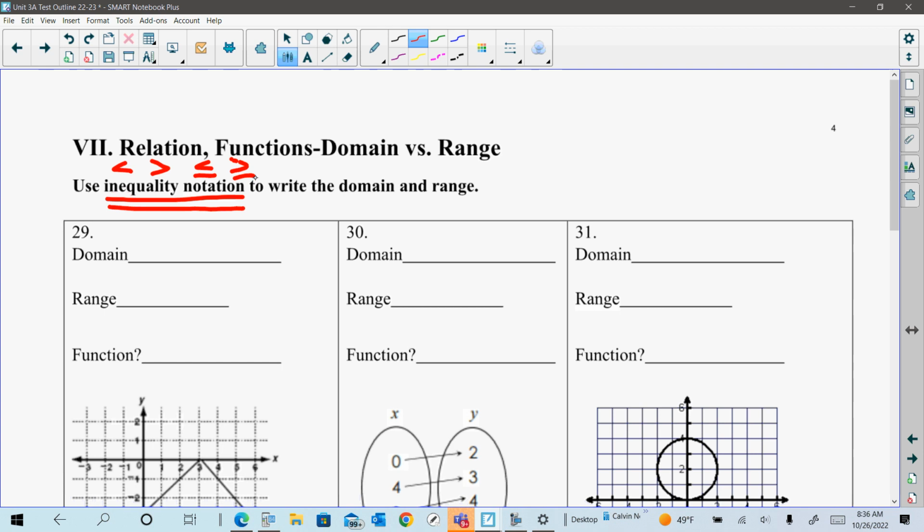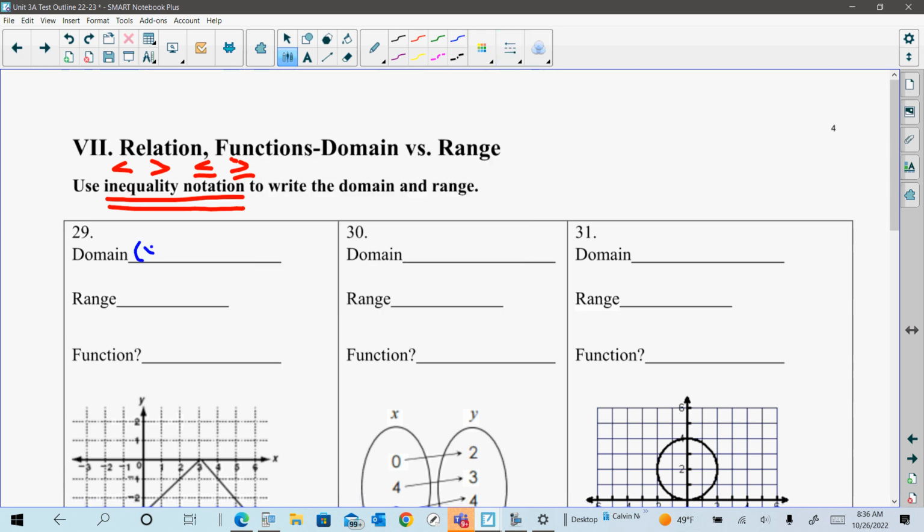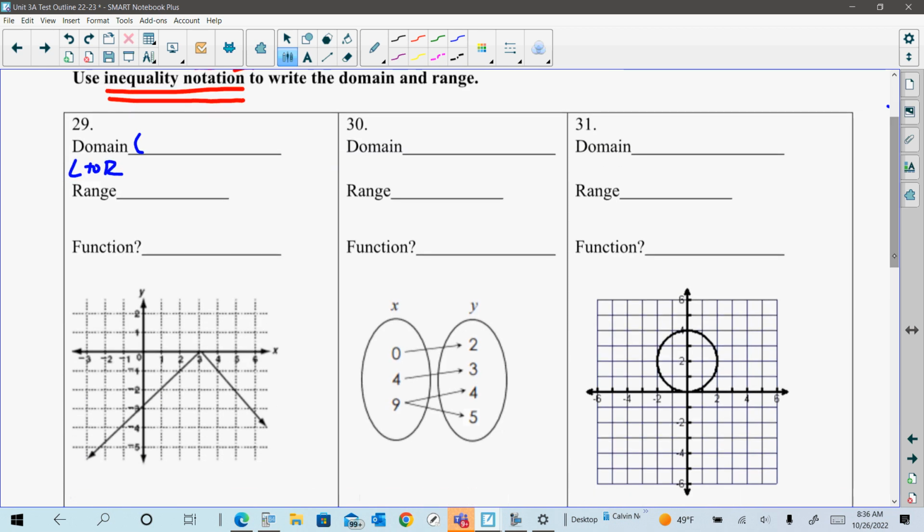So if I'm doing my domain, domain represents the x values. This is when I scan left to right. So I think what I was noticing is your graph, if I was to trace the graph, this is the graph, this little upside down V. So I'm just tracing the graph.